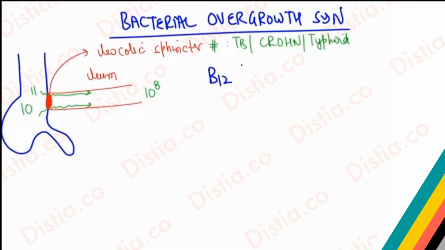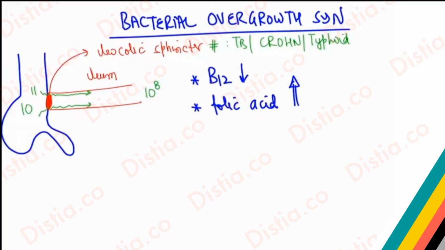One of the highlights of this condition is, apart from mucosal disease of the terminal ileum, which will contribute to nutrients being malabsorbed, B12 deficiency will definitely be a feature of this condition, because that's the primary site of absorption of B12. Now let us look at what will happen to folic acid levels in this condition.